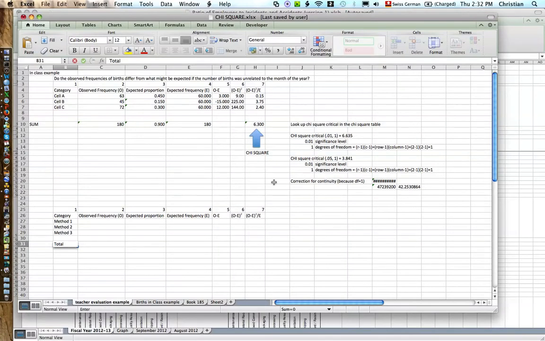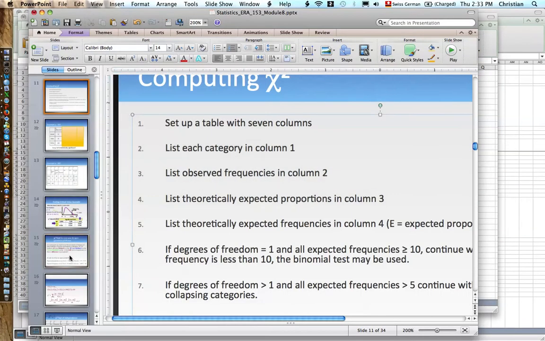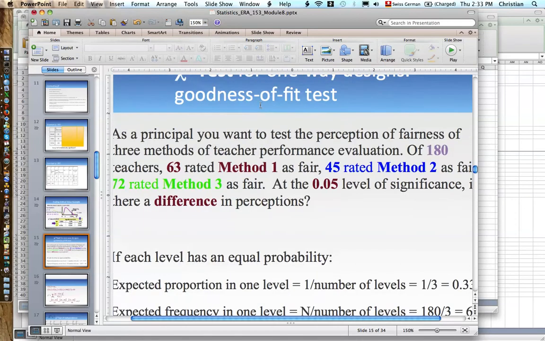So what are the observed ones? They're 63 for method 1, 45 for method 2, and 72 for method 3. So I got that from here, from those instructions. And now we basically have all the information that we need from over here.